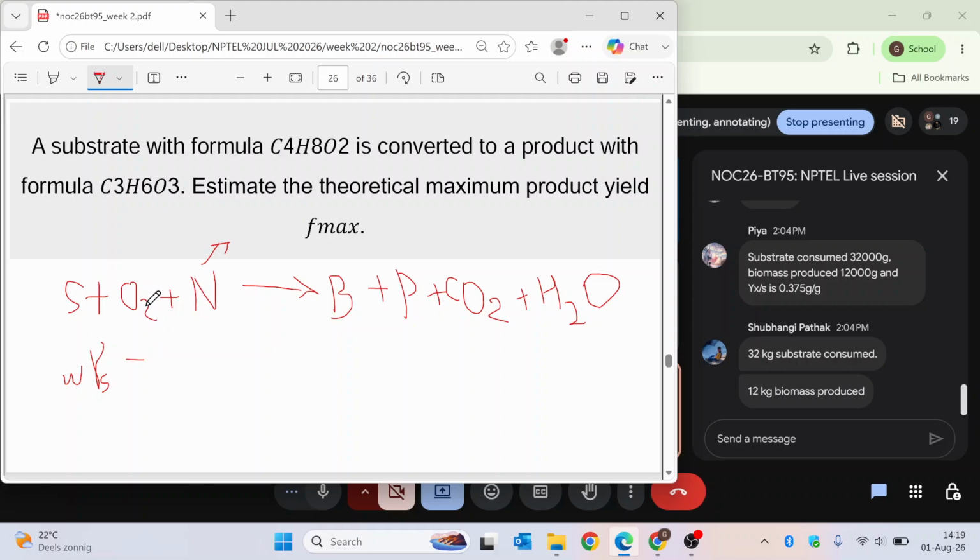Similarly, minus, if A is the coefficient of oxygen here, it's going to be minus 4A, and here you will have the coefficient of your biomass times the degree of reduction of your biomass, and the coefficients of your products times the degree of reduction of your products.